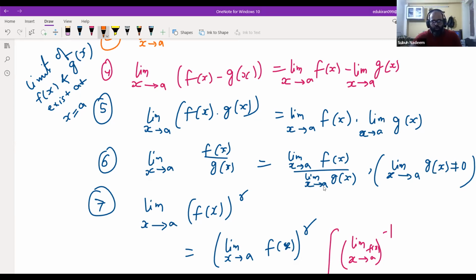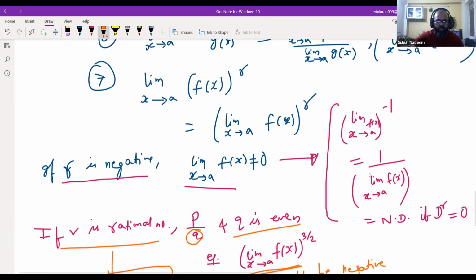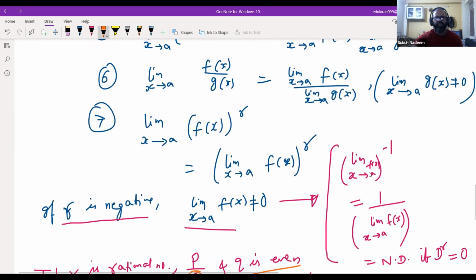Should I scroll down? Just a minute, sir. I'm writing the sixth one. Is that a comma or should we multiply? This is a comma. The comma and the bracket is an extra condition other than the condition written on the left. Okay.